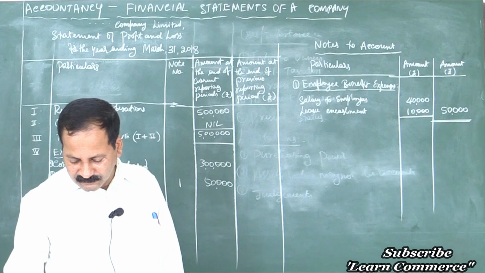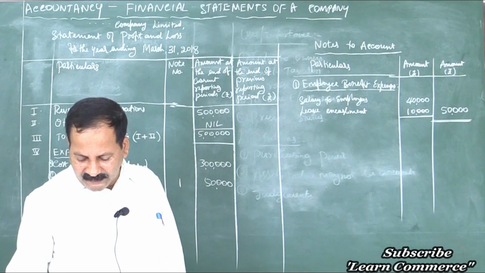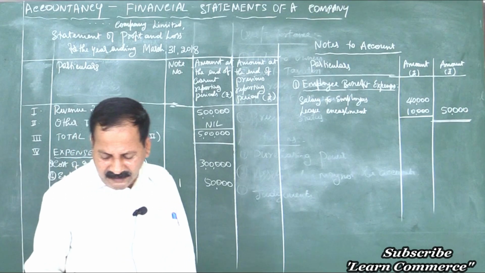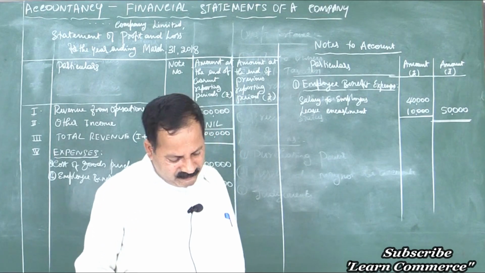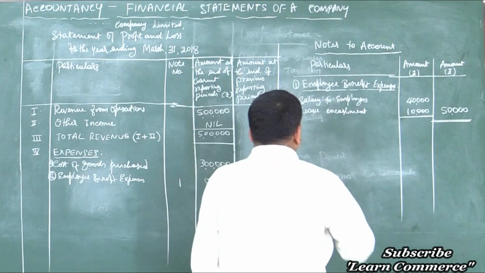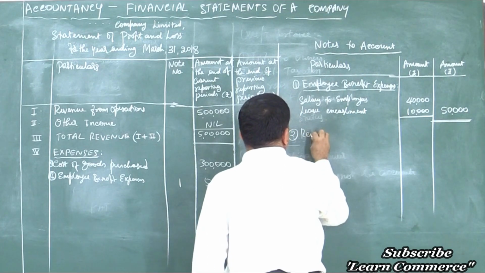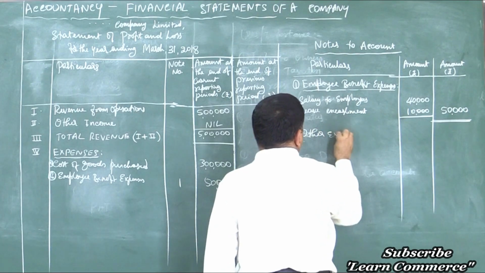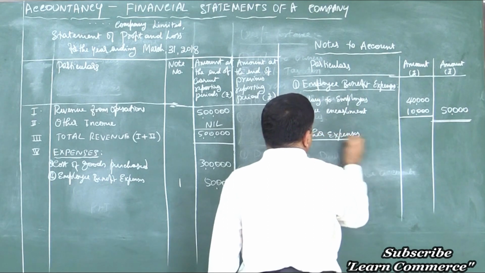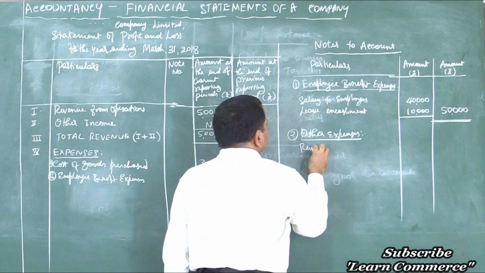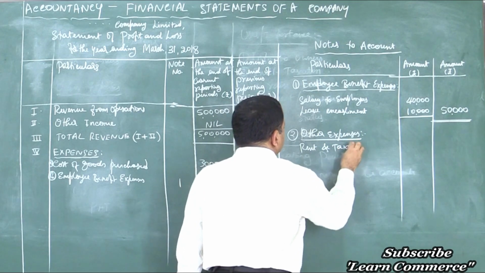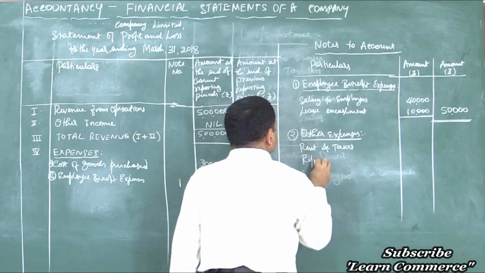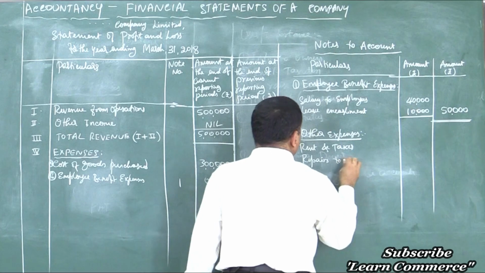Then anything else? Yes. Other expenses. There are 2 other expenses, isn't it? Rent and taxes, and repairs to machinery. So note number 2, other expenses. Under that, rent and taxes and repairs to machinery.